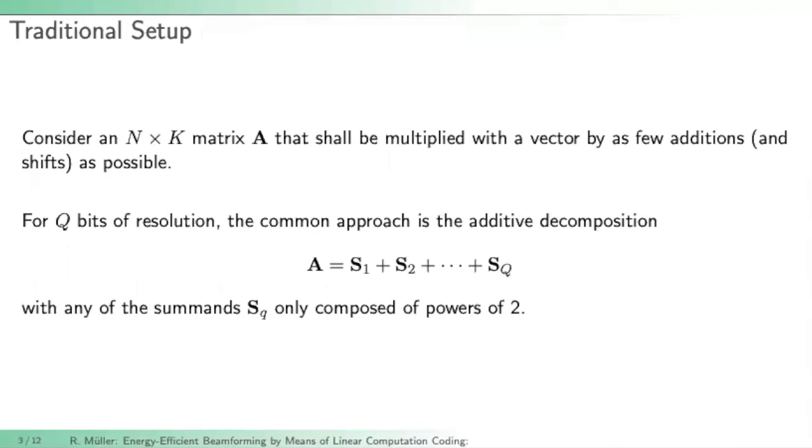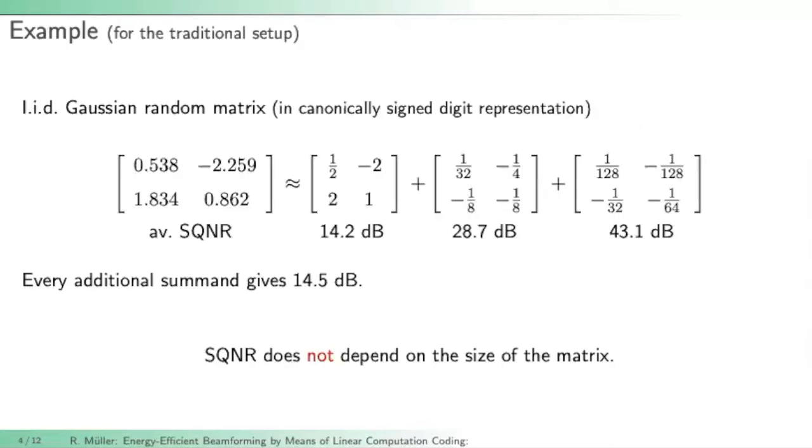Let me first review the traditional setting. If we have an n times k matrix A that shall be multiplied with a vector, we decompose this matrix element-wise, and each element gets decomposed into summands, and each of the summands is only composed of powers of 2. An example is given here.